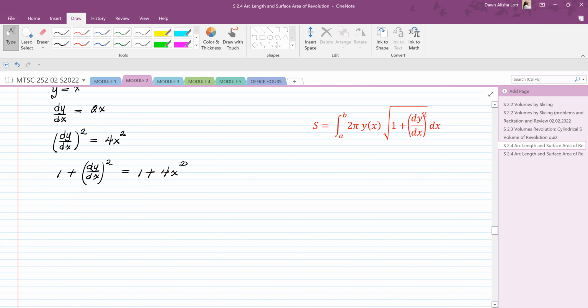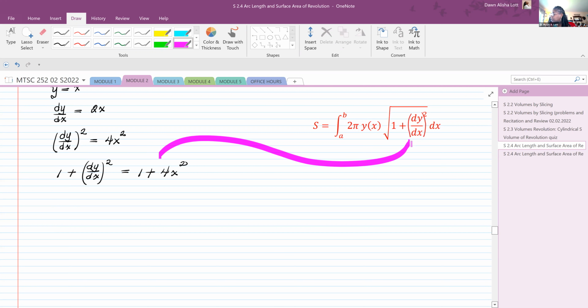No. So I'm going to take this and plop it right inside this integral along with everything else. So now I get S is equal to the integral from a to b.